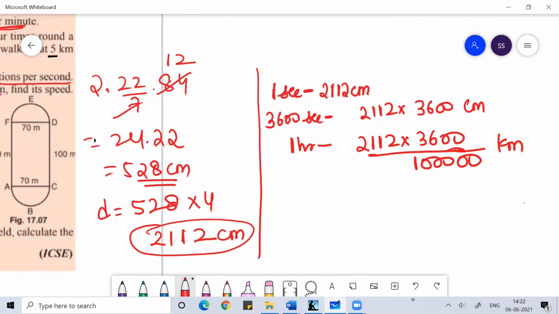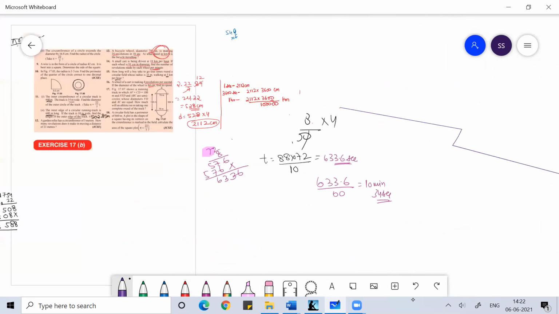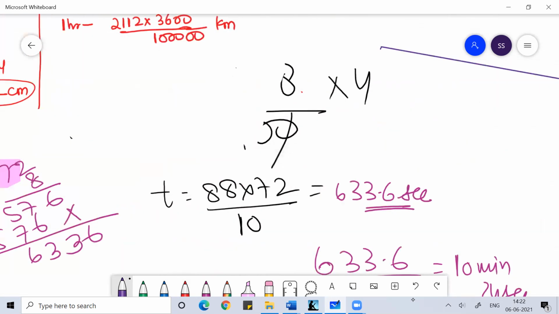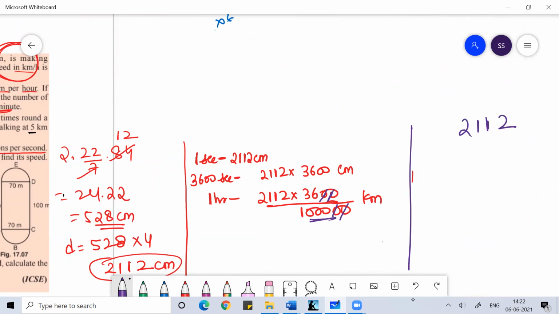So now I'll get the figure in kilometer, that is the unit speed. You can cancel this, 1, 2, 1, 2. 1000 is there, you can multiply. 2 into 36.